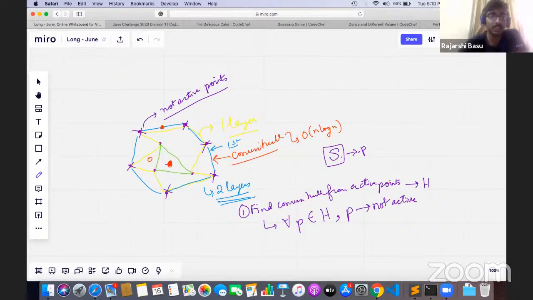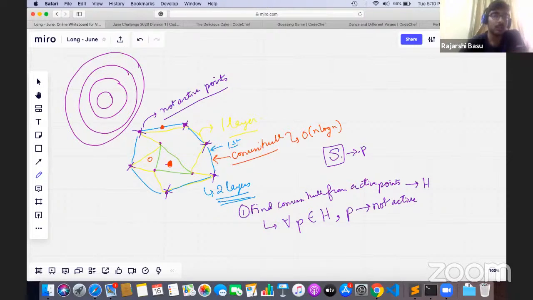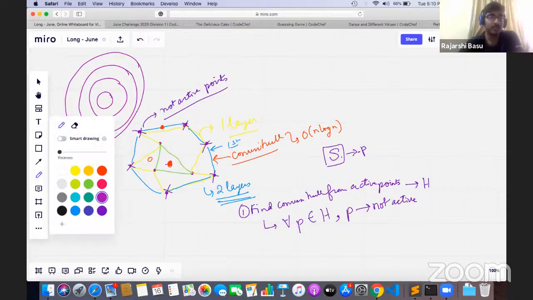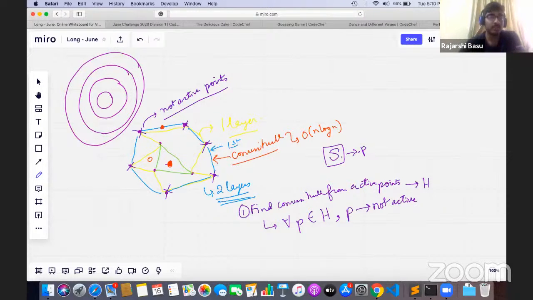So imagine it like this. These are your hulls, let's say. Now let's say your candle point is somewhere here. That means that your candle point is not inside the inner hull, but it is inside all these hulls.